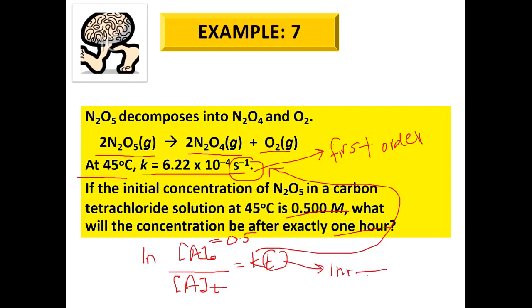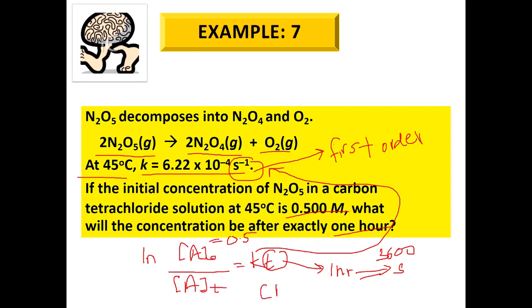Please convert to seconds, so it will be 3600 seconds.